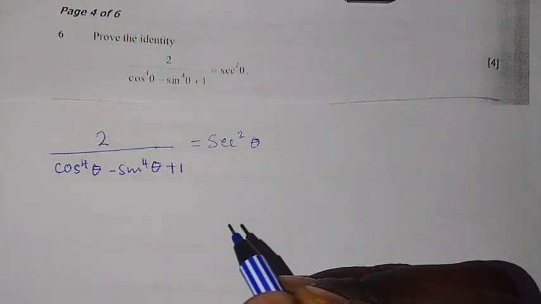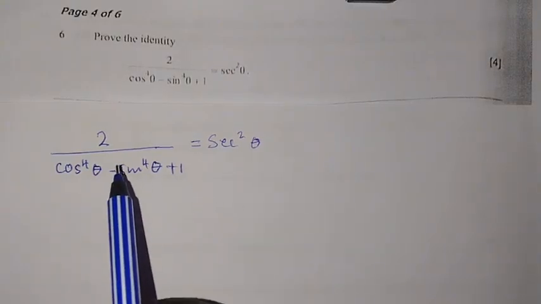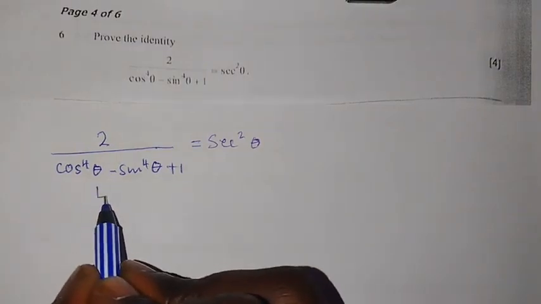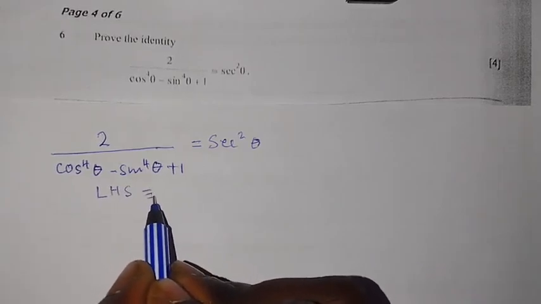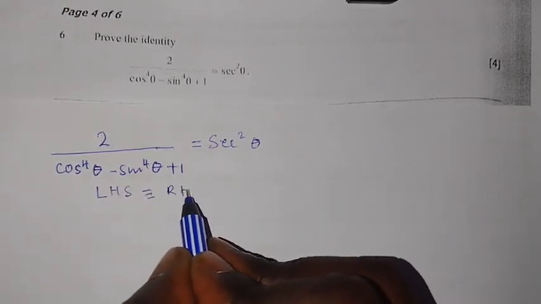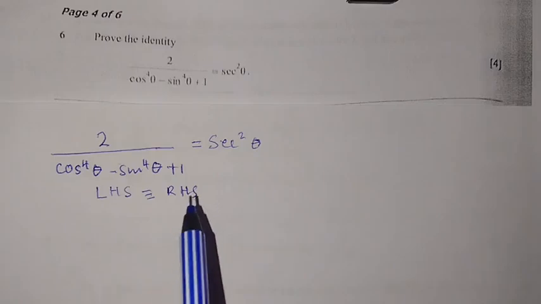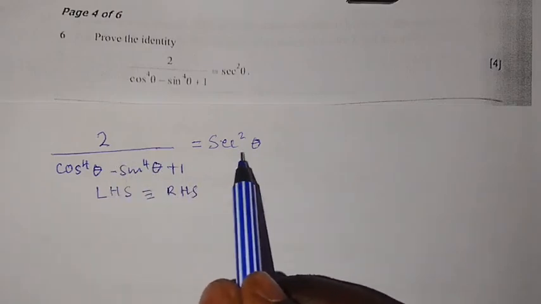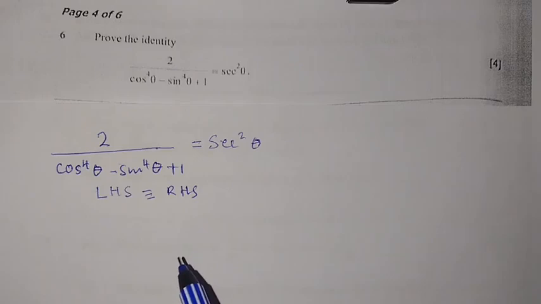Now, when you are proving trigonometric identities, you can see that we have two sides, the left hand side and the right hand side. You can either prove that the left hand side is equal to the right hand side, whatever way. Now you need to find the easiest one. So the easiest one here, we can use the left hand side to prove the right hand side.